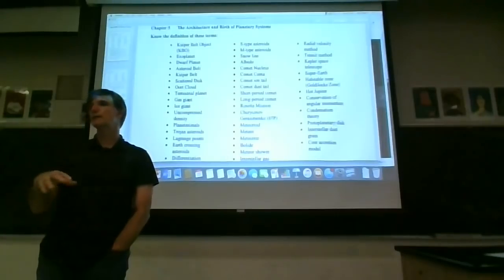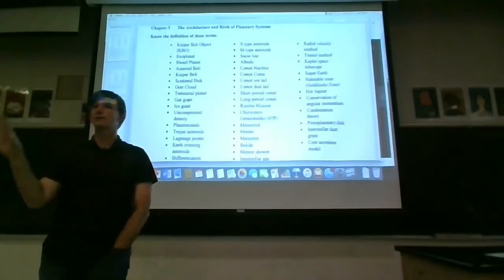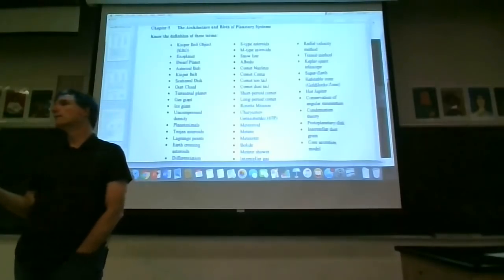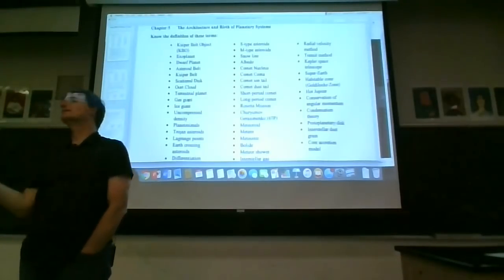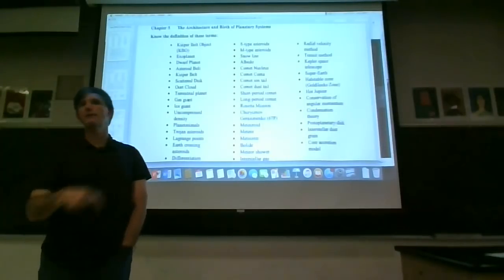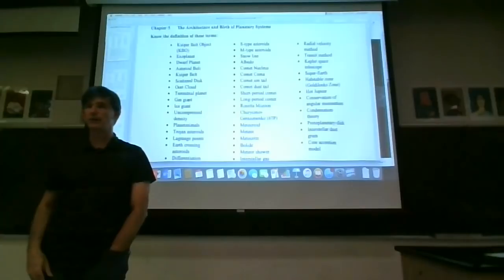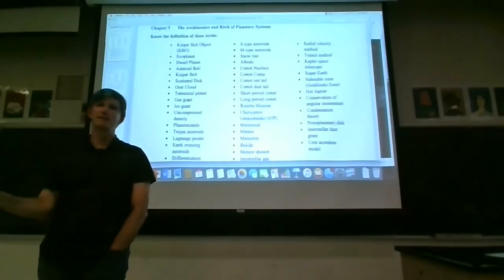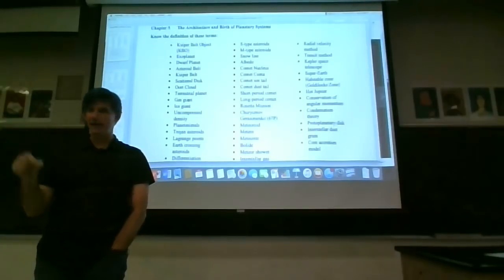And in this way, try to come up with a statistical model of what the objects in the Kuiper Belt look like. We don't really know how many big things there are and medium-sized things and small things, but we're trying to figure that out. And the way we do that is by looking at the craters on Pluto. So the answer is everything is still getting hit. Every planet, everybody is still getting hit, right?